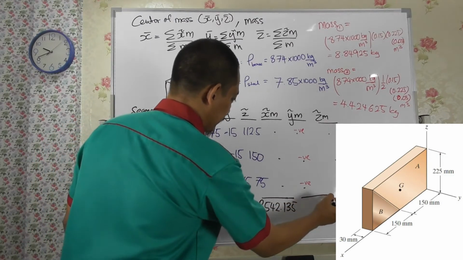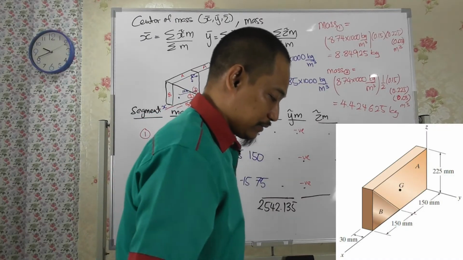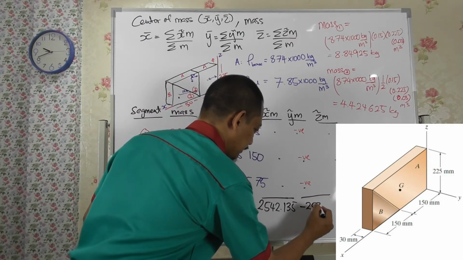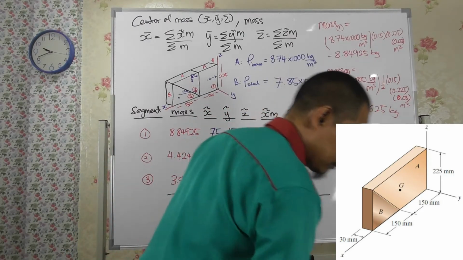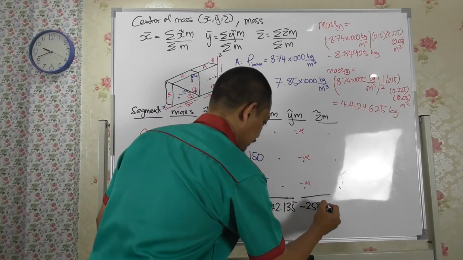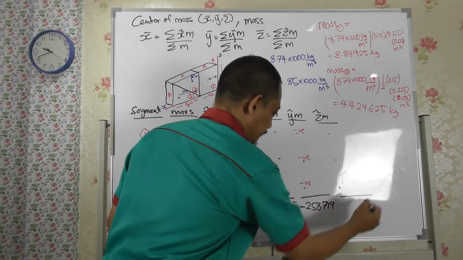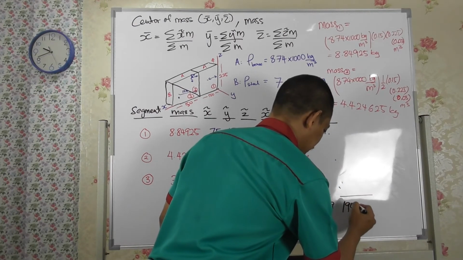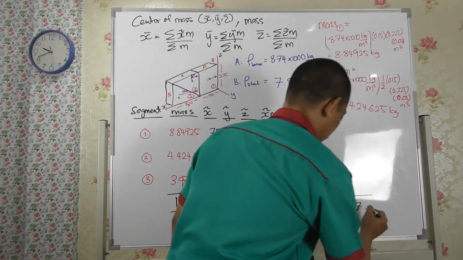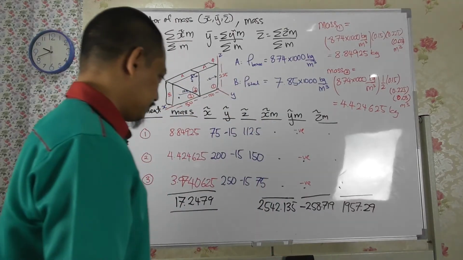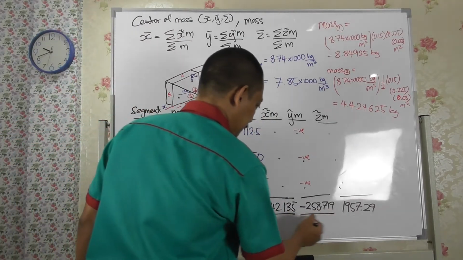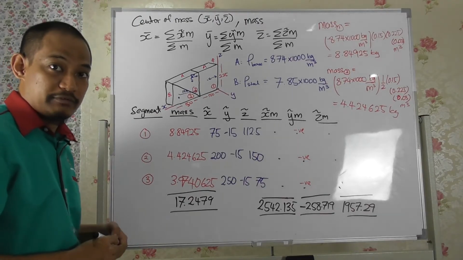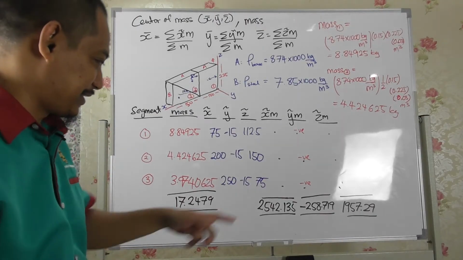And then for ym here, it will be negative 258.719, and then for zm here, you get 1957.29. Right, so those are the values. Can you see there? Hopefully you can.